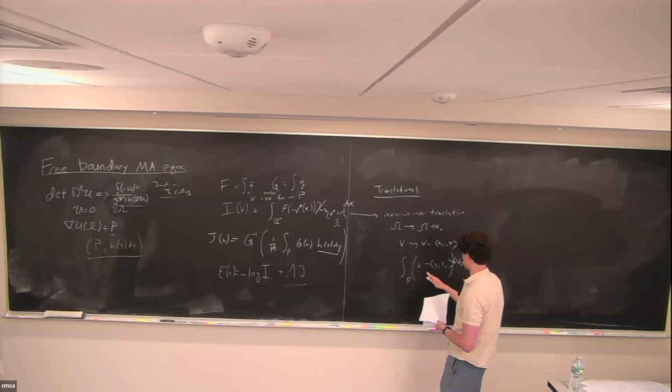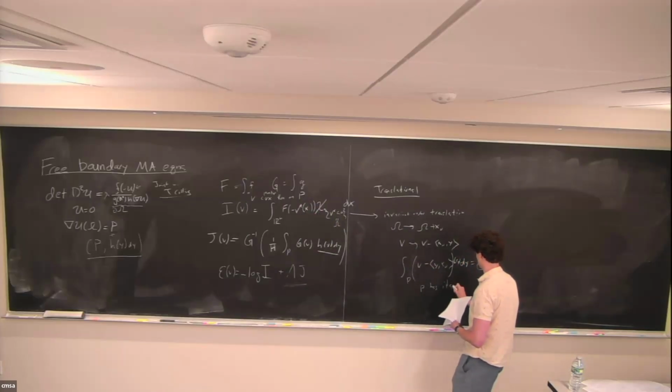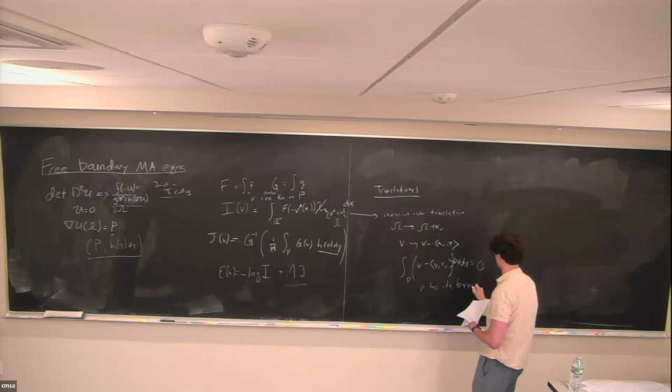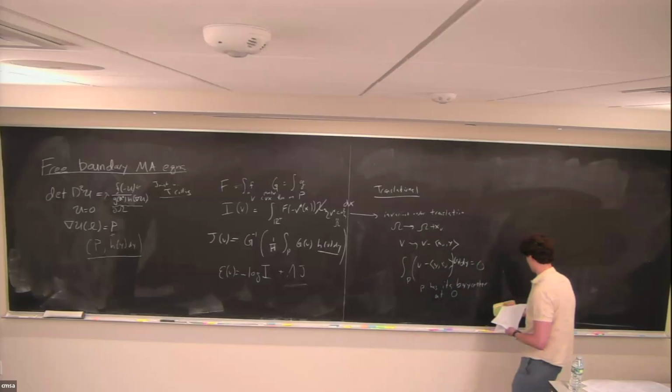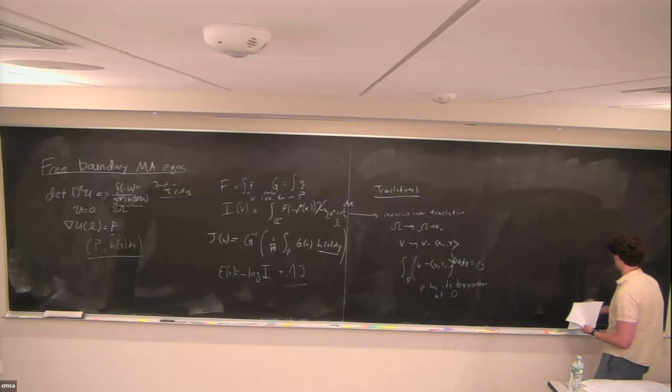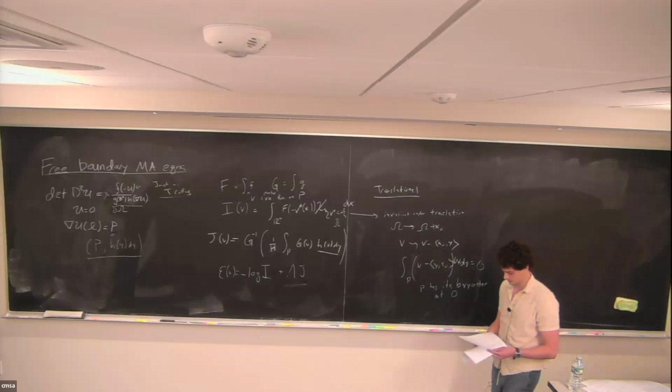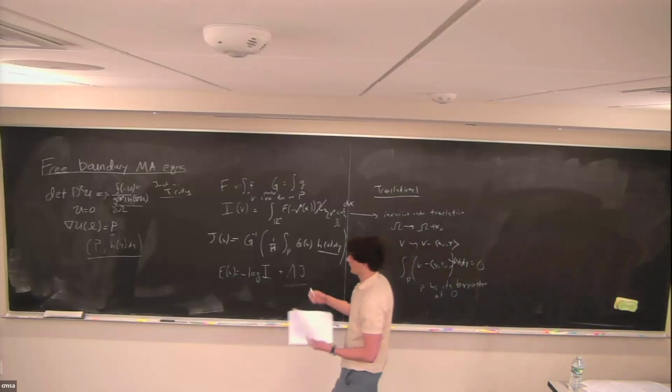So the only way that this can happen is if P has its H barycenter at the origin. Okay. So it's just a nice way of saying that this functional picks out a natural choice of representative for this eigenvalue problem.